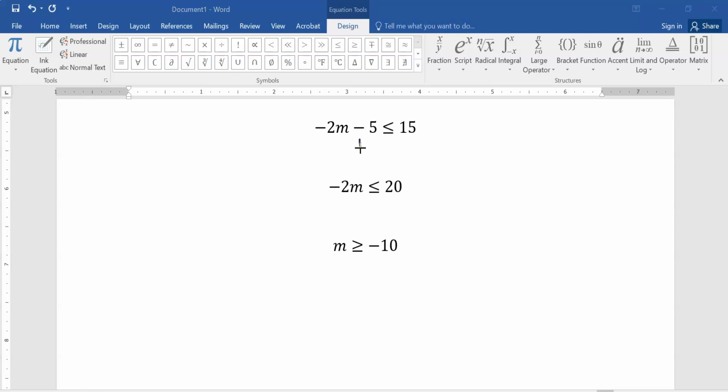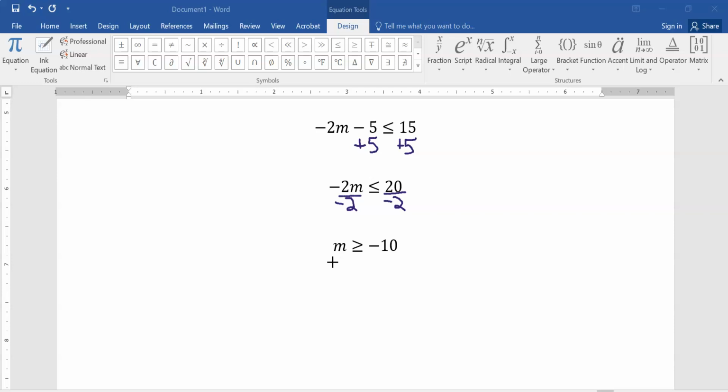By the way, notice that adding and subtracting, neither of those change the sign. So I can add and subtract all the time. But when I divide by a negative, and usually that happens here in that last step, divided by a negative, I have to flip the sign, okay?